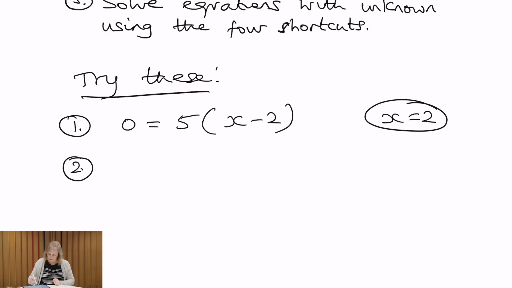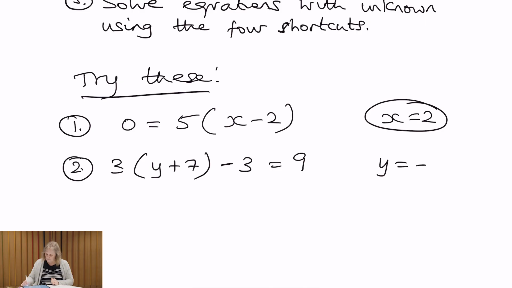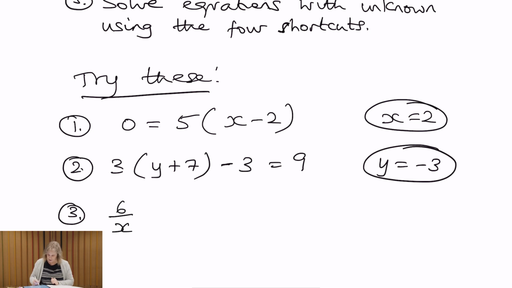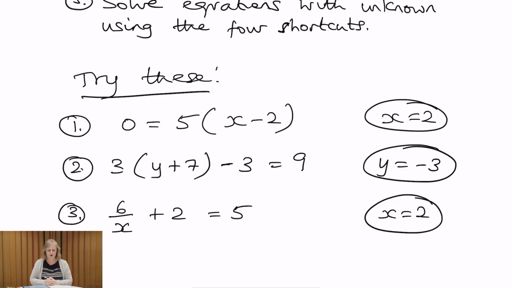And in this question, 3 times (Y plus 7) minus 3 is equal to 9, you should find that the value of Y comes out to negative 3. And then this last question, which is really tricky, similar to the last question we did, number 11, see if you can do this, where it will come out to be X is equal to positive 2.